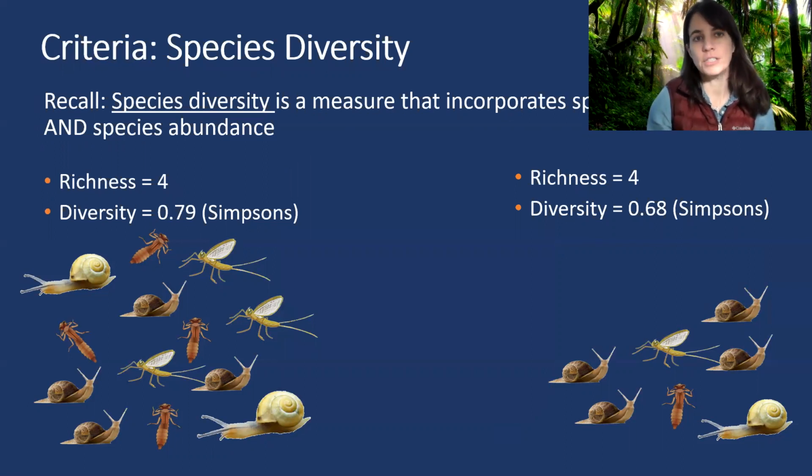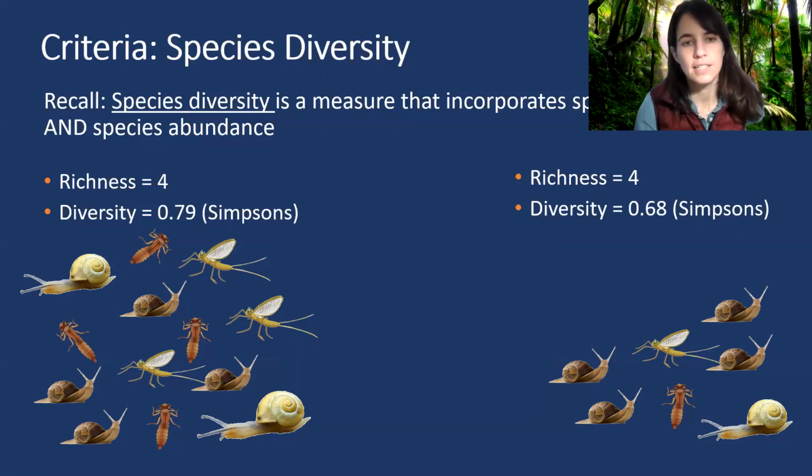What about species diversity? Species diversity we know is a little bit better, right? Because it incorporates species abundance. So if you recall from way back in the beginning of class, when we looked at species diversity, we didn't calculate it.